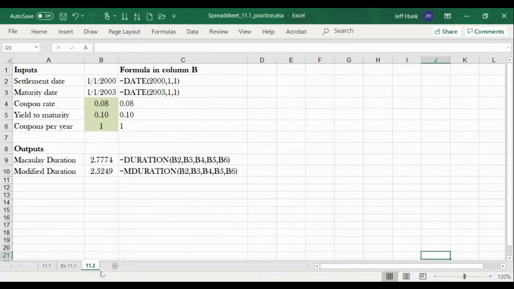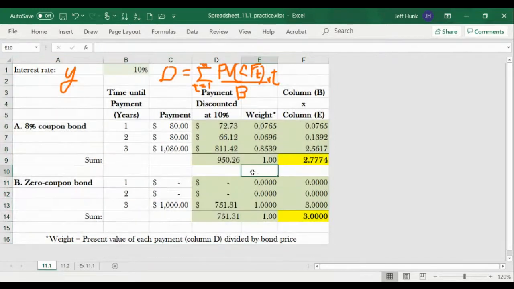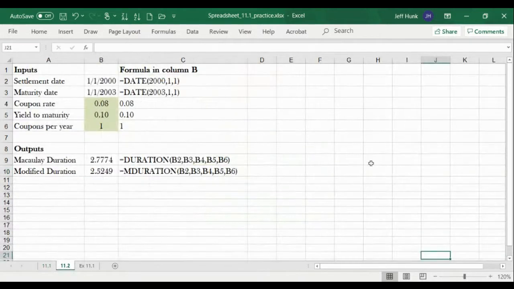This is exactly the same example as spreadsheet 11.1, an 8% coupon bond, where the yield is 10%, or interest rate is 10%, and 3 years, right? And using the okay, these calculations, let me.